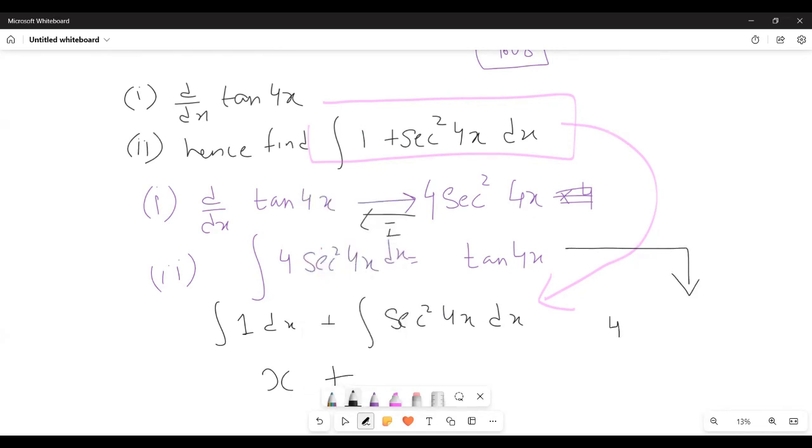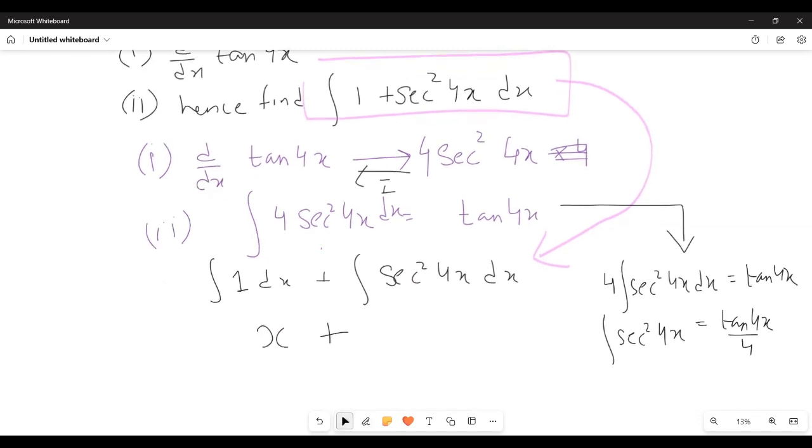It's first going to be 4 times the integration of sec^2 4x dx equals tan 4x, and then you can send 4 to the other side. So that gives us the integration of sec^2 4x is tan 4x upon 4, plus c.